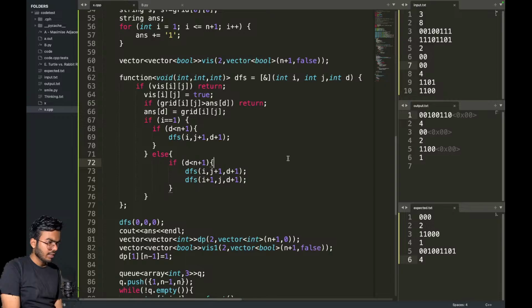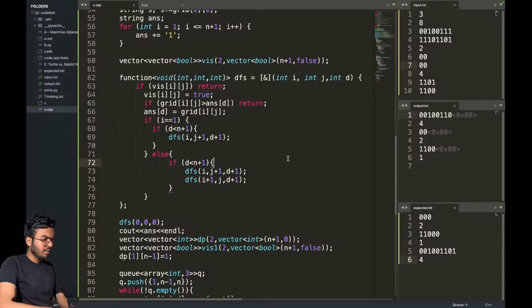Now, otherwise I'm doing this DFS. What if we have D equals to n plus 1? Yeah.